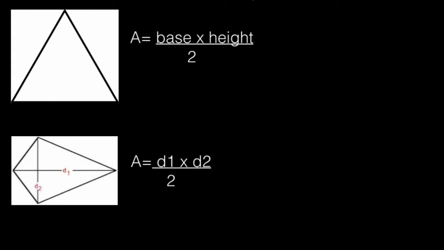So here we have some examples of the formula of area of certain shapes. Here we have the triangle. So the area of the triangle is the base times the height divided by 2. Of the kite or rhombus, it's axis x, or in this case d1, times axis y, or in this case d2, divided by 2.